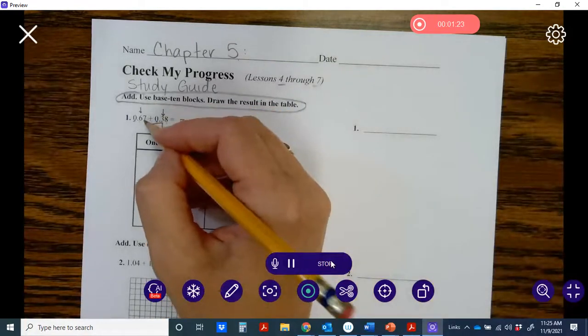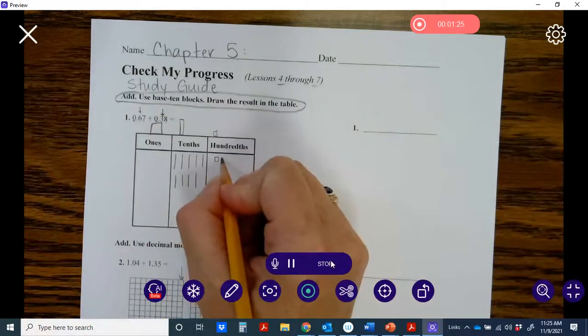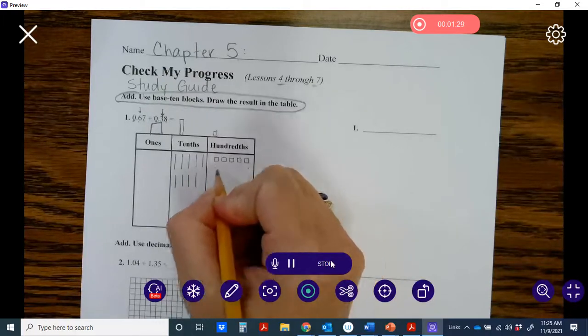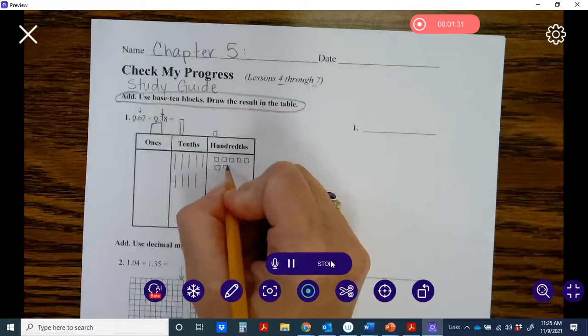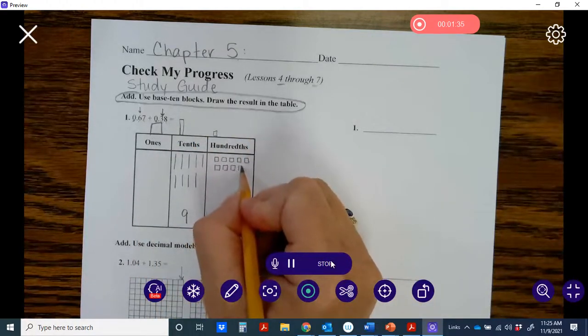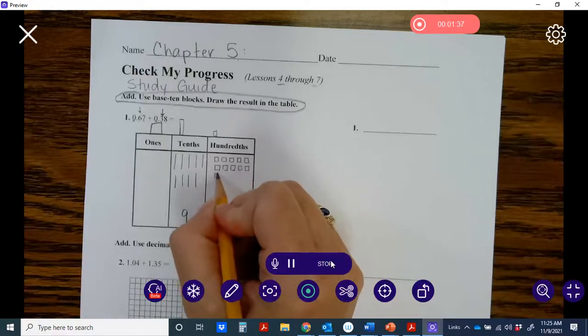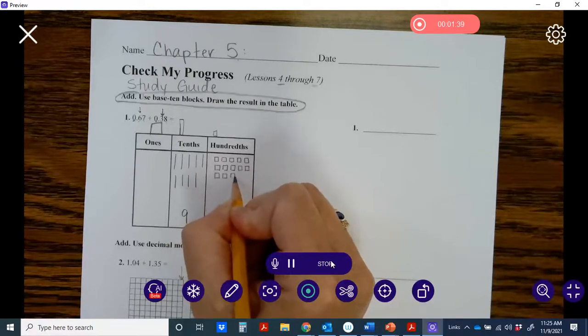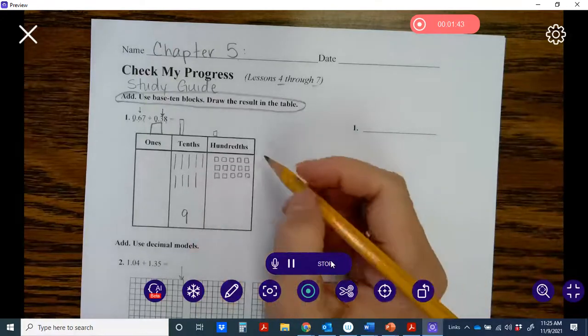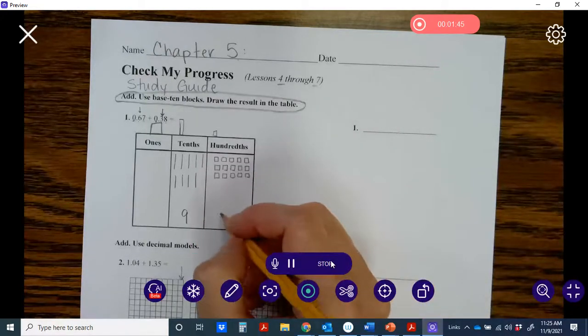And then I'm going to draw 7/100ths, and 8/100ths, and that will give me 15/100ths.